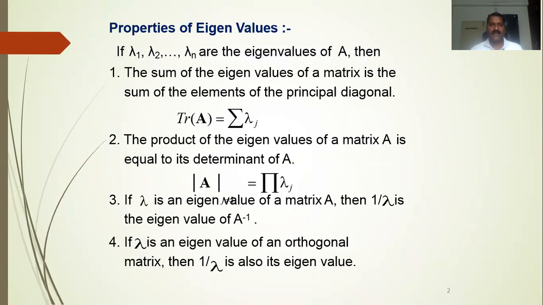Given a matrix A, suppose A is an n square matrix. If there is a matrix of order n by n, then it will have n eigenvalues.